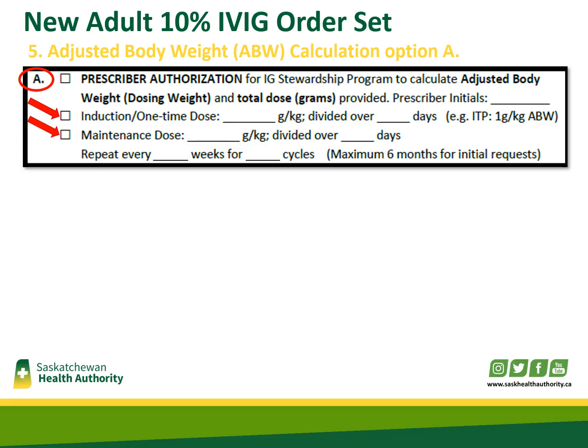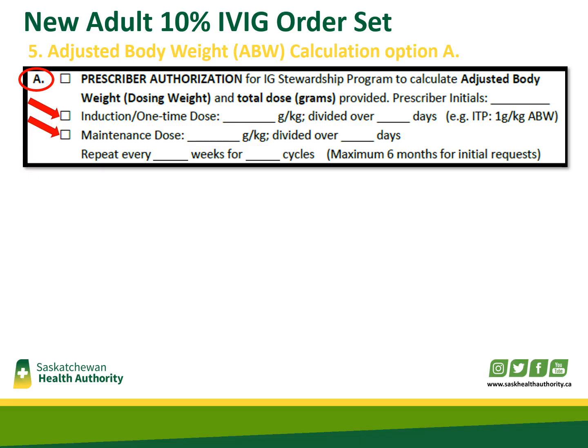So I've noticed that in this box, the physician doesn't actually then see the total grams of IVIG that are being ordered. So if we do the calculation and it's greater than 100 and they're asking for it over 1 day, it is worth seeking out clarification whether that physician really does want that whole dose given over 1 day, or if they're okay to divide it over 2 days just to spread out that dose.